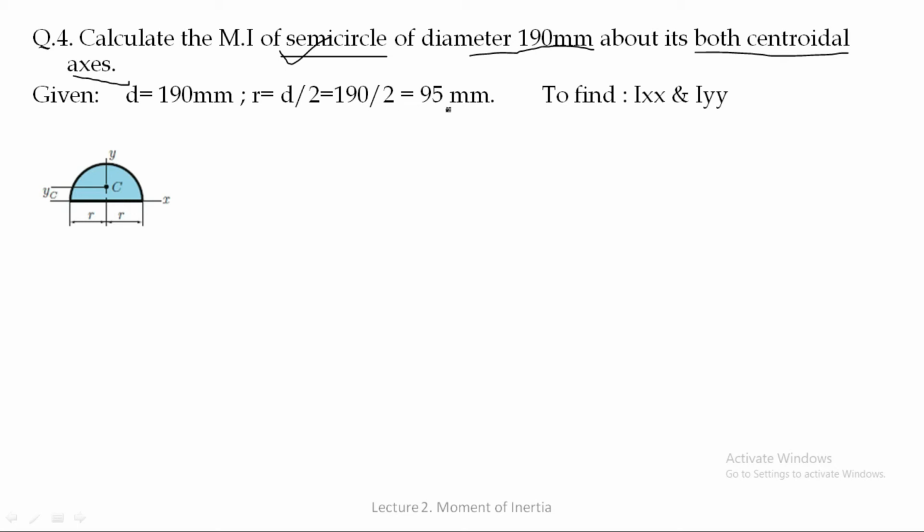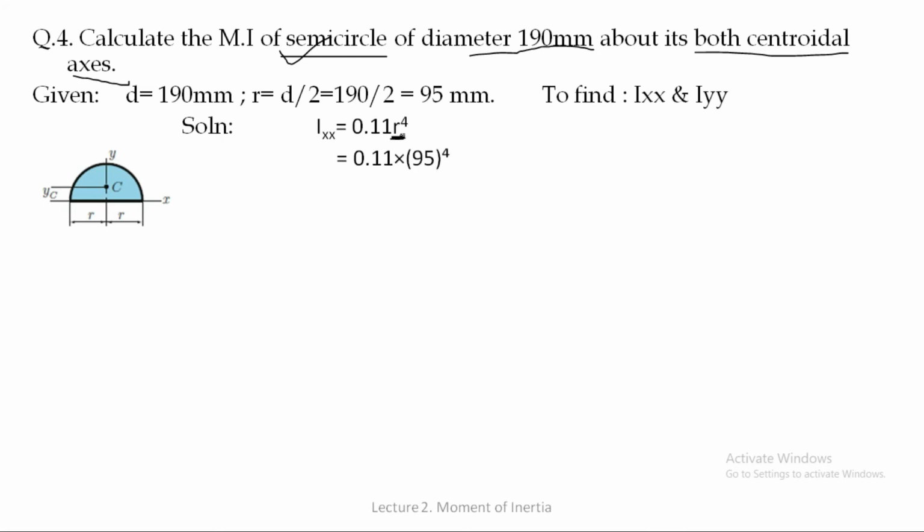Now moving forward, what is Ixx? The formula for the moment of inertia about the horizontal centroidal axis of a semicircle is 0.11 r raised to 4. As I have told you earlier, this formula comes with r, the radius, so we have found the radius.